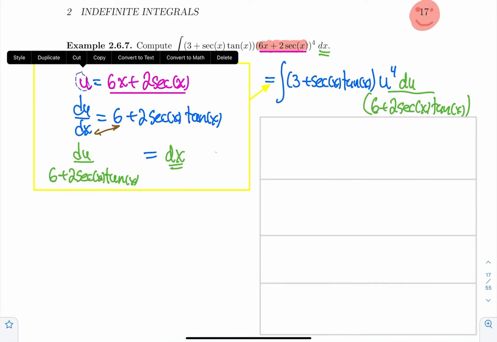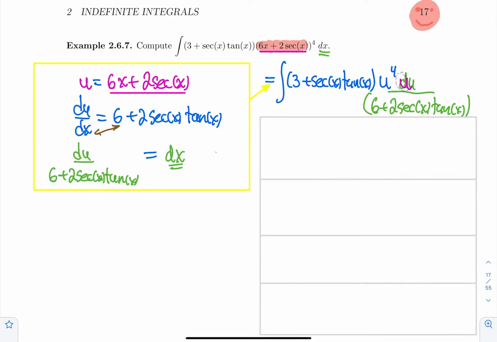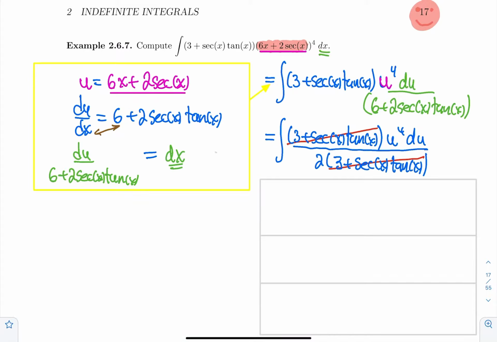So now it's time to simplify. The denominator and the numerator are not exactly the same, but if I factor out a 2 down there, I can see that they are just multiples of each other. So I get the integral of (3 + sec x tan x) u to the 4 du over 2 times (3 + sec x tan x).